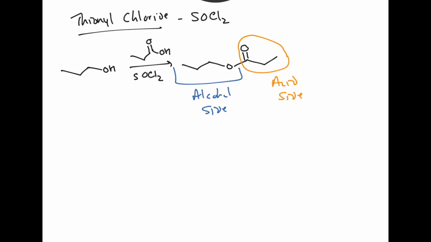So we've seen that thionyl chloride reacts with alcohols, right? But when there's a carboxylic acid, it reacts with the carboxylic acid faster. So what happens is that the thionyl chloride and the carboxylic acid react with each other. And you make an acid chloride.